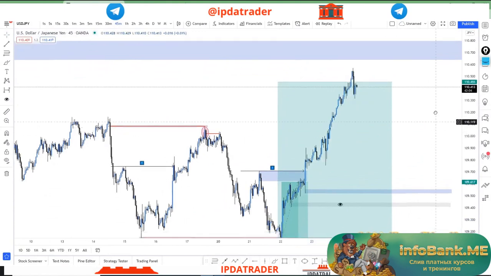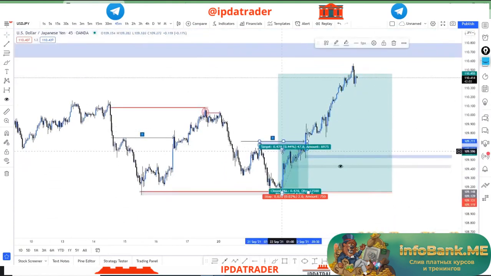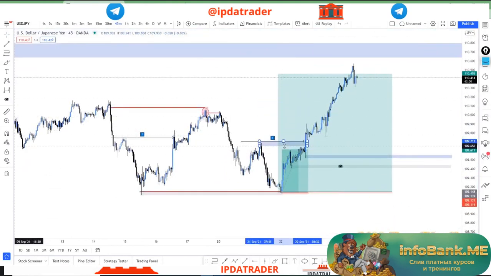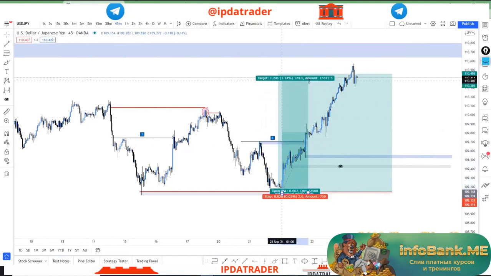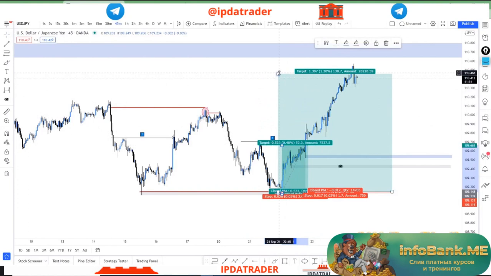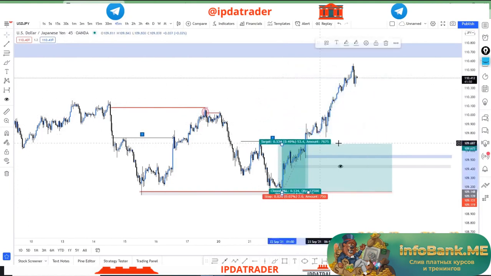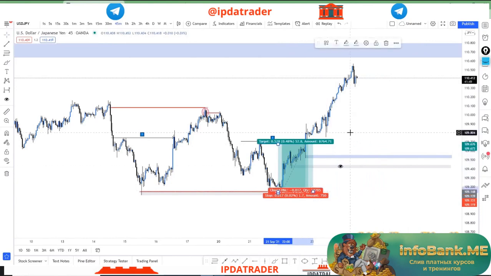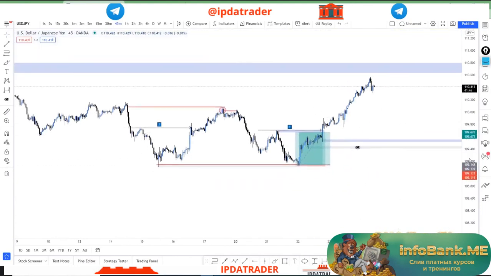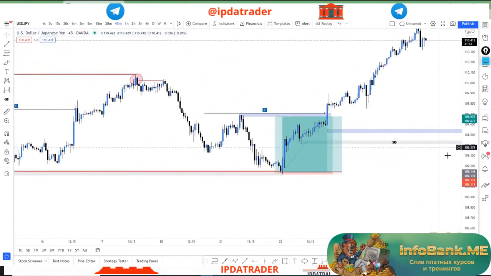If I would have held those two positions, I would be floating close to 150R, combining both positions. So the reason I closed my positions here is the following.